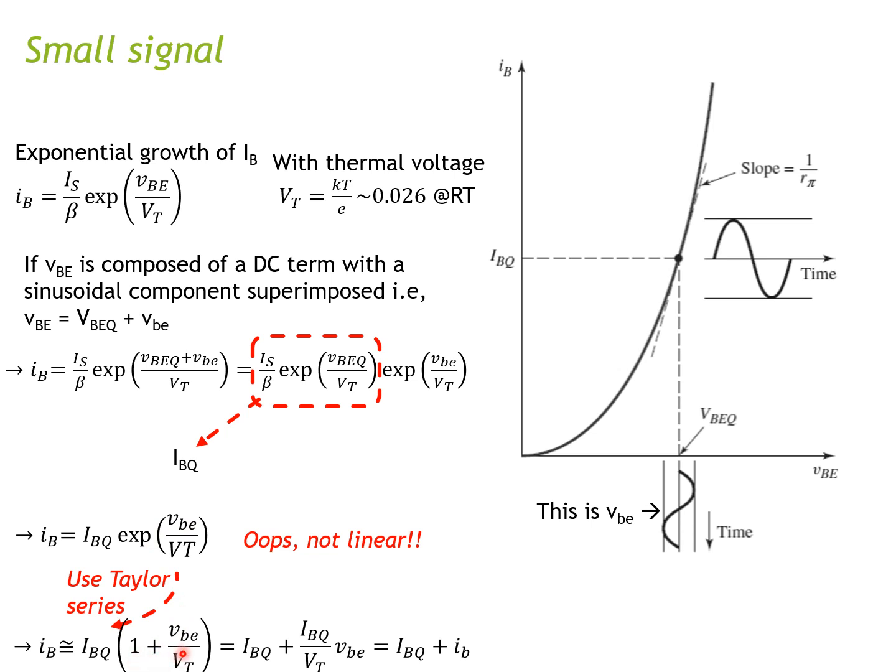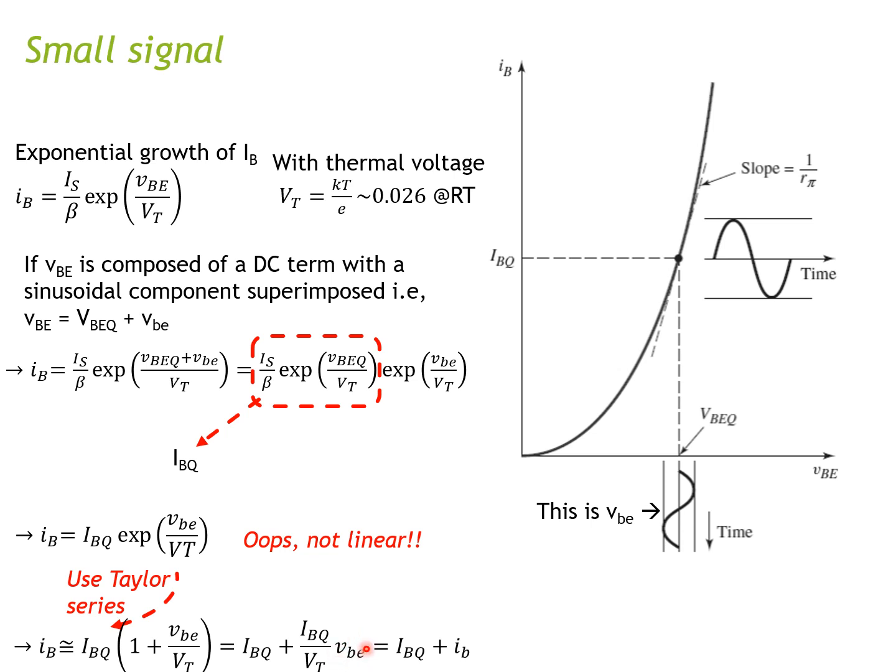Okay, so only go with the first couple terms, so that you keep it linear. Then you finish the math, then you will have basically your linear relationship between IB and VBE.